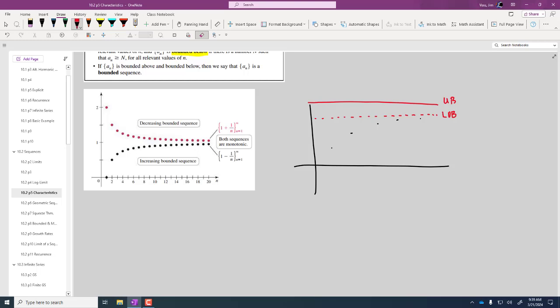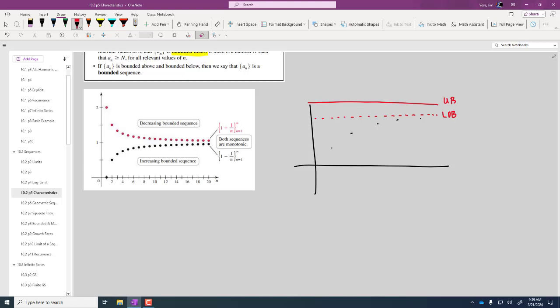If it's decreasing, it can't bounce up and go away from that asymptote. So if it's decreasing and bounded below, it has to have a limit. And if it's increasing and bounded above, it can't come down, so it must converge.